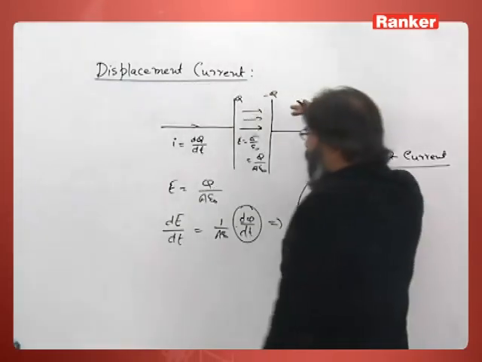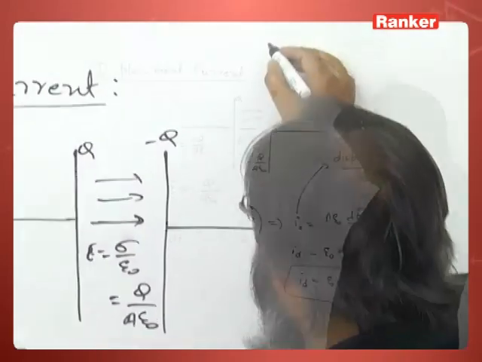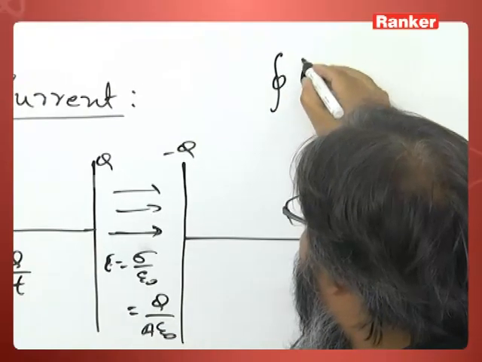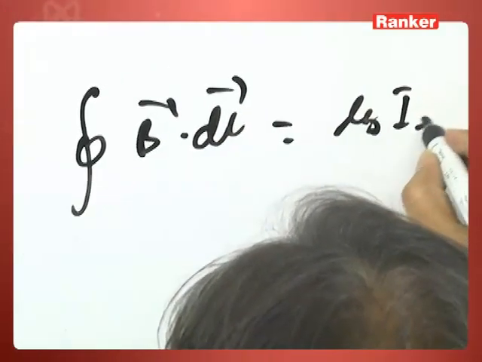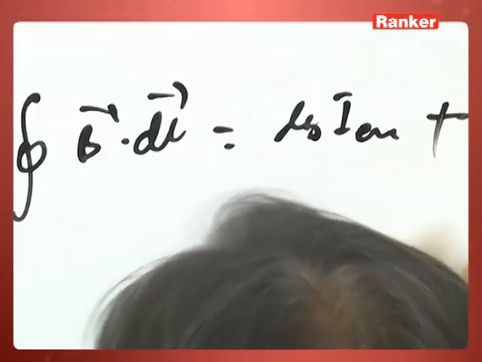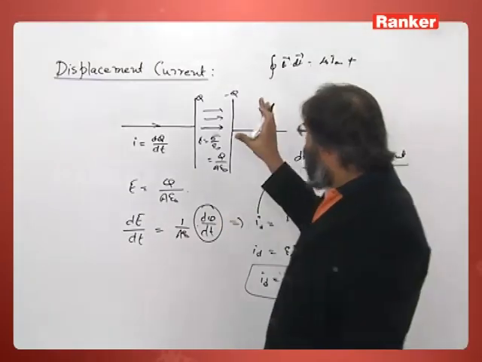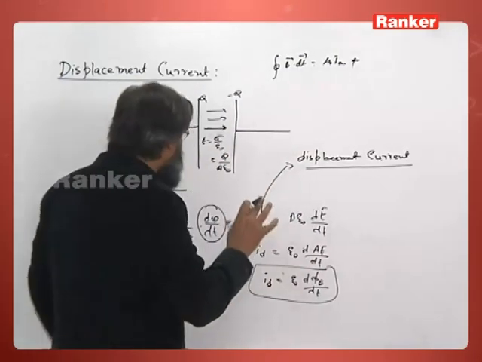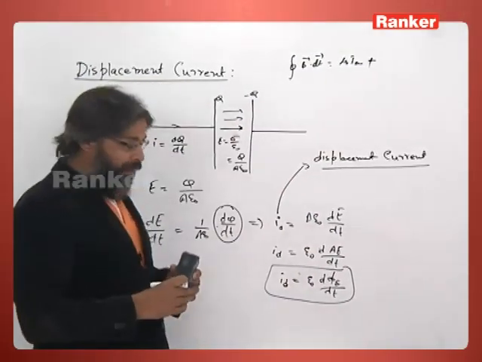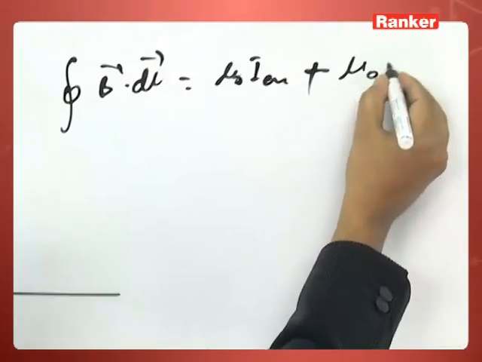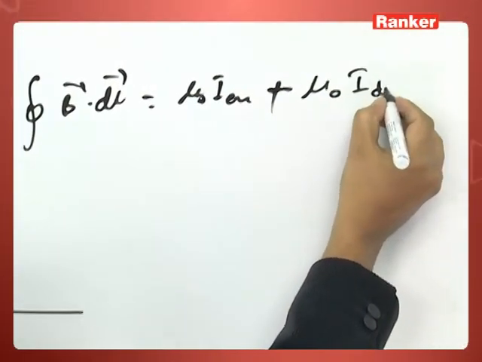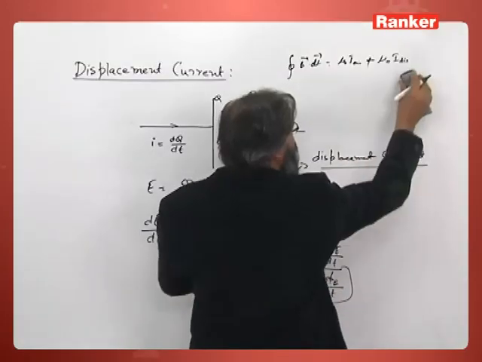Now I can modify my Ampere's law, which was previously I enclosed. The region in which there is a change in electric field, where there is no conduction current, I will write as I displacement or simply I_d.